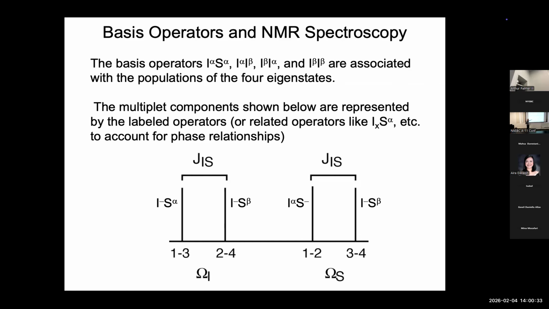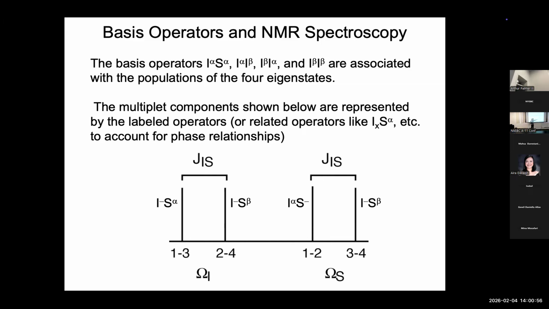So that it represents I minus and S alpha. This then is I minus S beta. The other partner, this single quantum for the I spin, and the S spin has its same state.